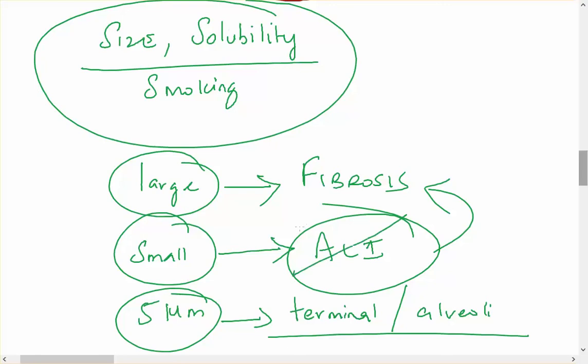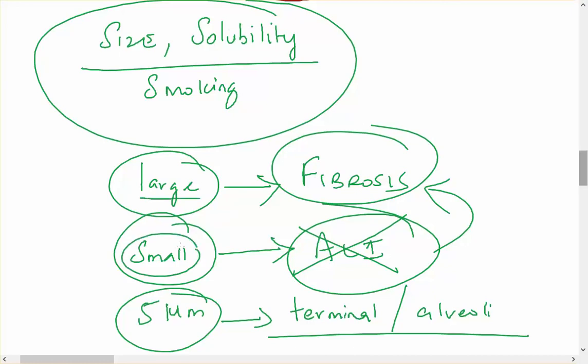If they are not causing acute lung injury, definitely they go for fibrosis. Generally larger particles will produce fibrosis, but sometimes even smaller particles, in medicine, nothing is 100%.